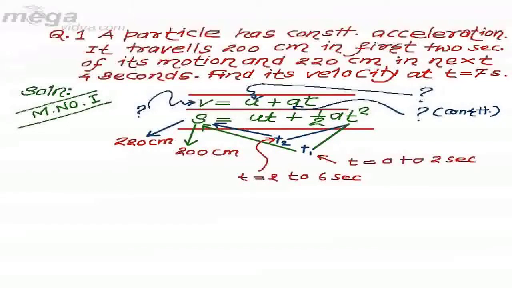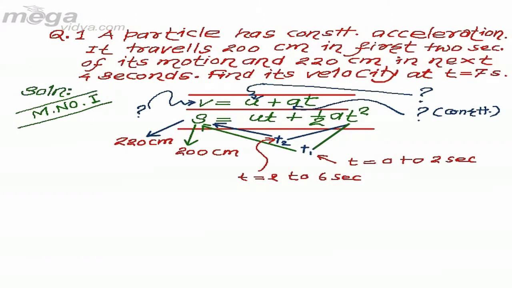For these equations, as we have two unknowns, a and u, which are very much required, and also we have another unknown which is the final velocity or velocity at any time t, using two equations we cannot get three values. So here we will first assume the initial velocity and acceleration to be say v0 and a0 respectively.